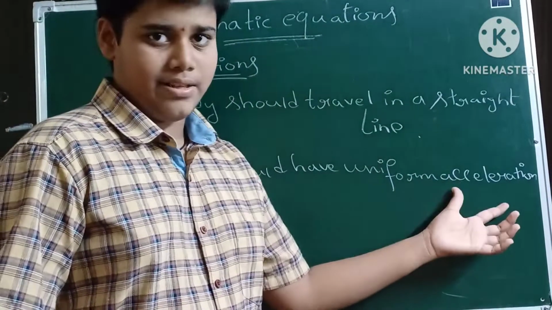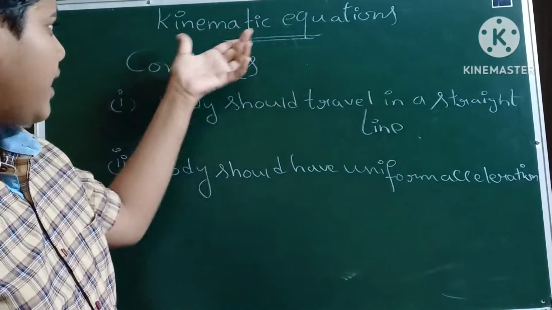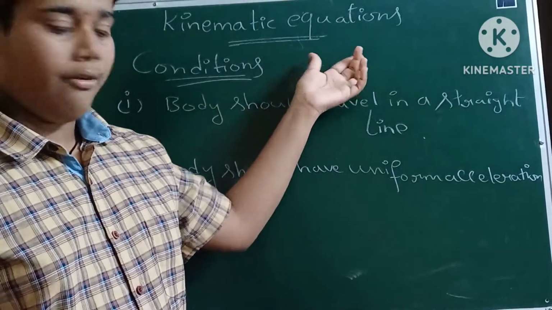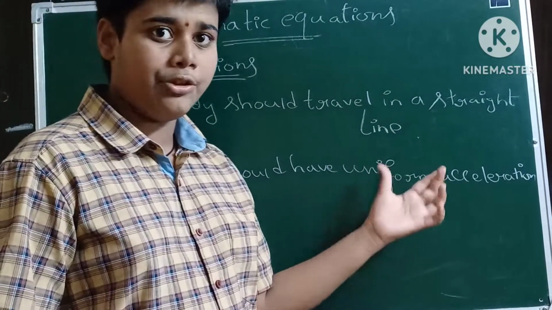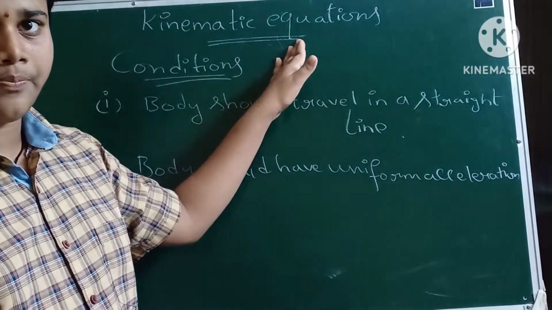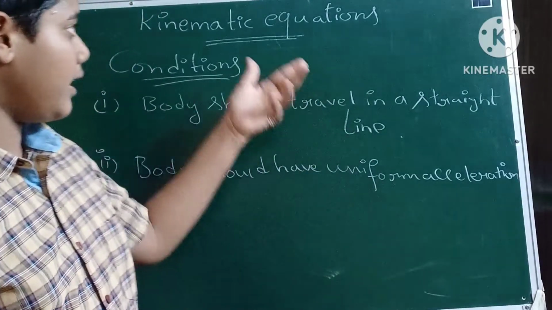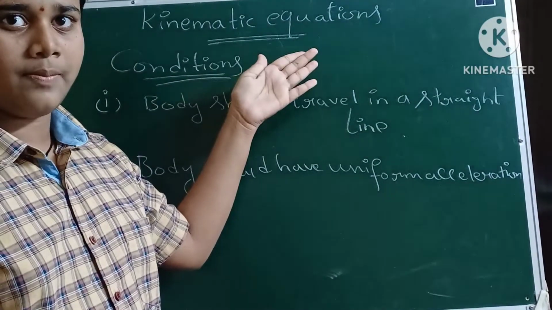In these kinematic equations, when they do not mention uniform acceleration, we should not apply kinematic equations. The body should go with uniform acceleration, then we can apply kinematic equations.